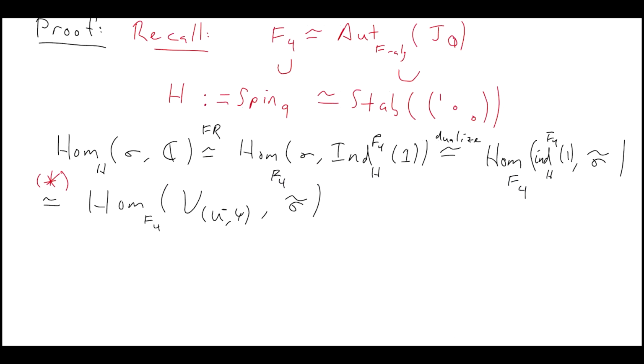Specifically, this step follows because the PGL2 Jacquet module of the minimal representation of E7 is isomorphic to this compact induction from the Spin 9 subgroup to F4. But for now, let's just assume that.